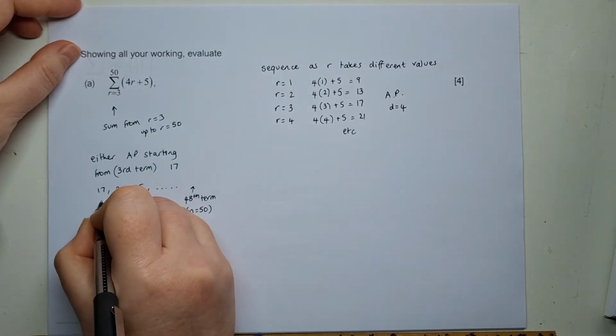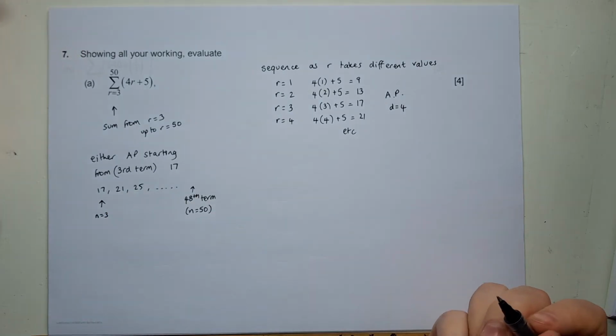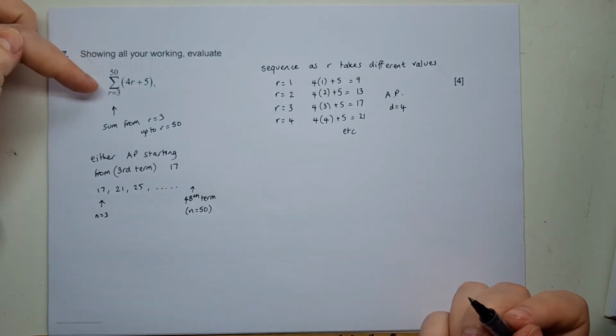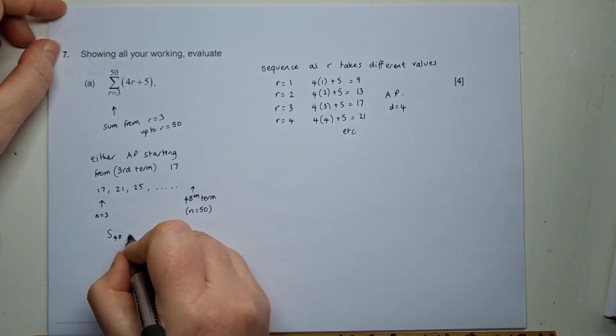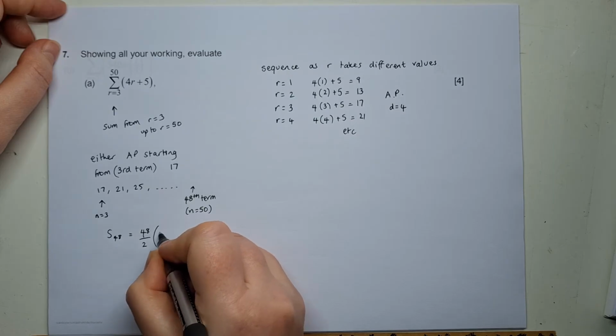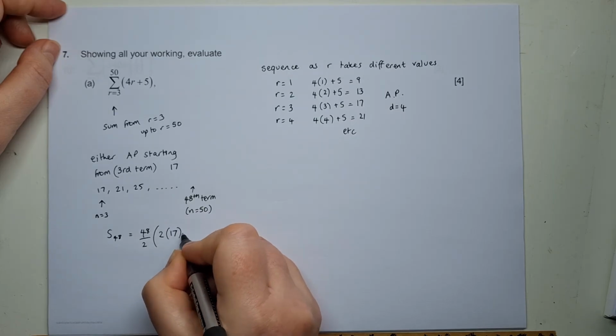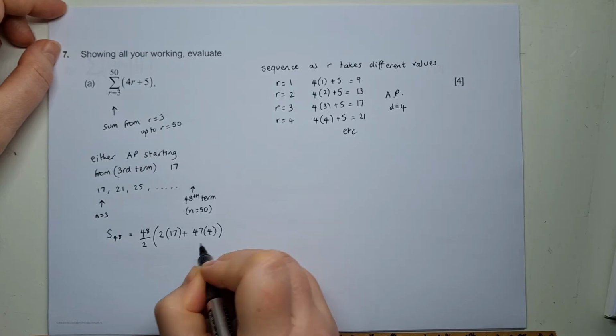Remember, we're starting here on the third term of the actual sequence. So if you do start on 17, you're going to need to work out S48, n over 2 bracket 2 lots of a plus n minus 1 lots of d, like that.